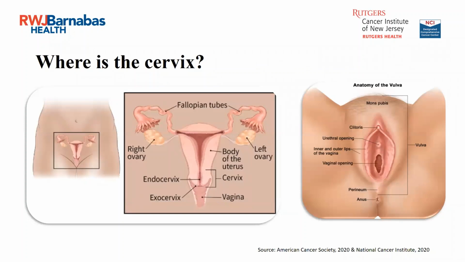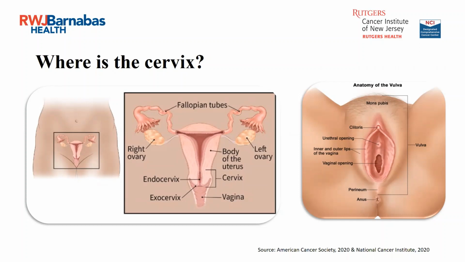So before I actually get into the actual screening recommendations, I want to just go over anatomy. Many people are not really clear on the difference between internal female anatomy and external female anatomy. On the left-hand side of my screen here, I have a diagram showing the internal female anatomy.